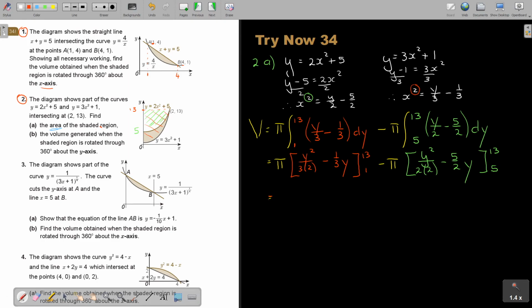Let's go for it. So I'm going to go all in red. If I substitute there, it's going to be 13 squared over 6 minus a third of 13. Don't forget to substitute the 1.